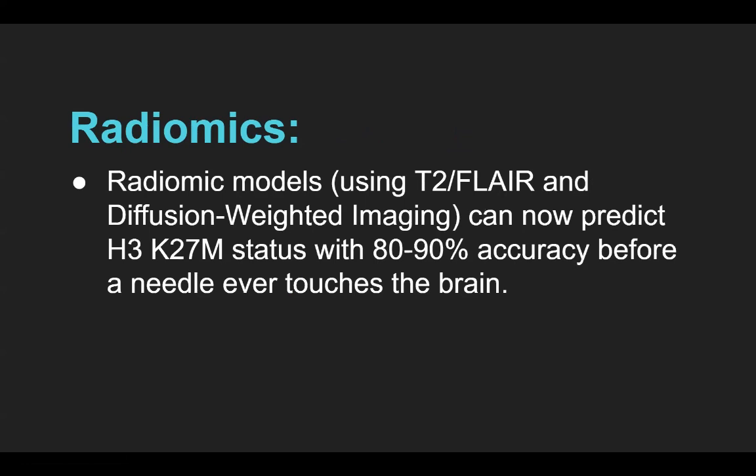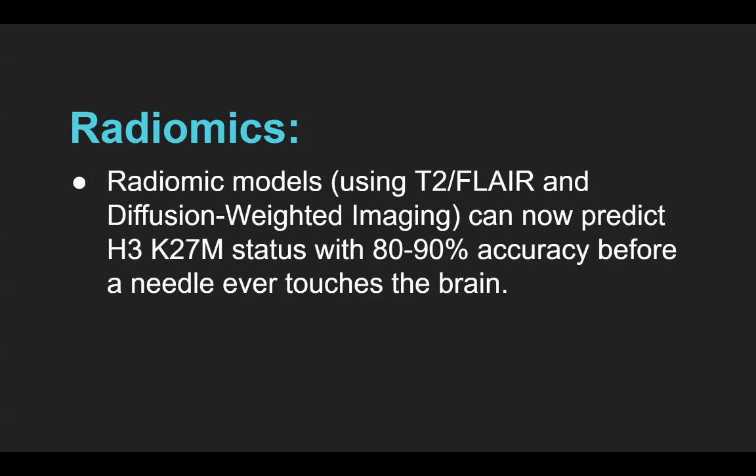So, what else is happening? Radiomics is playing a huge role in the diagnosis of lesions which are not easily accessible by biopsy, because at the end of the day, biopsy is still an invasive procedure, right? You are going to take a biopsy from the brainstem. That's not a laughing matter. So radiomics bridges that gap. There are already very successful models using T2, FLAIR and diffusion weighted images.